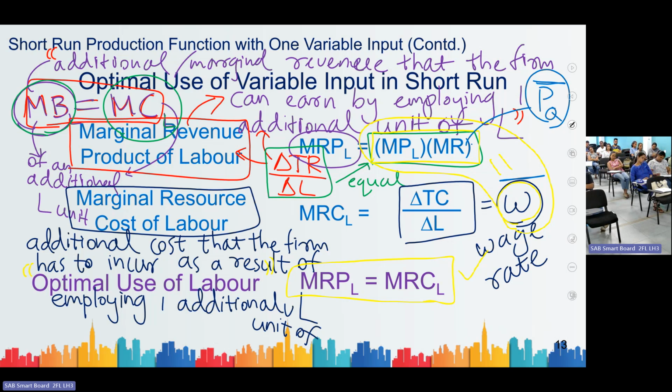So marginal revenue is price of output. That is the extra price we get by selling one additional unit of output, the extra revenue the firm can earn. That is why we call it marginal revenue.